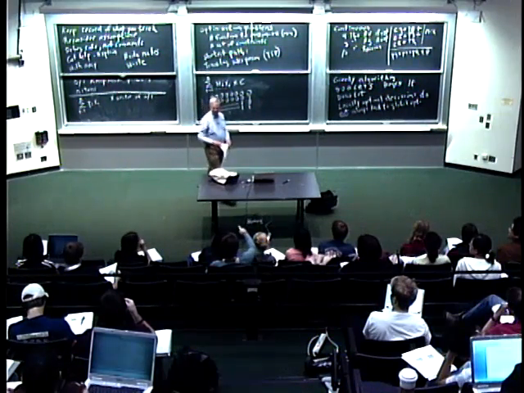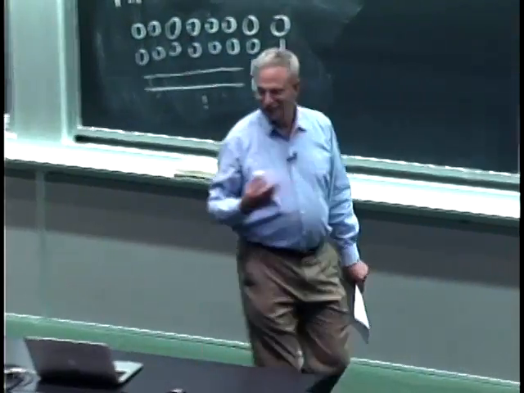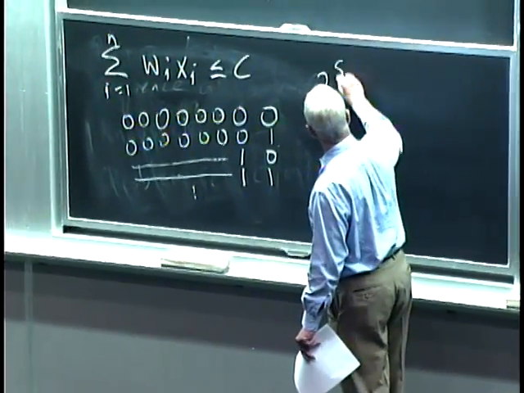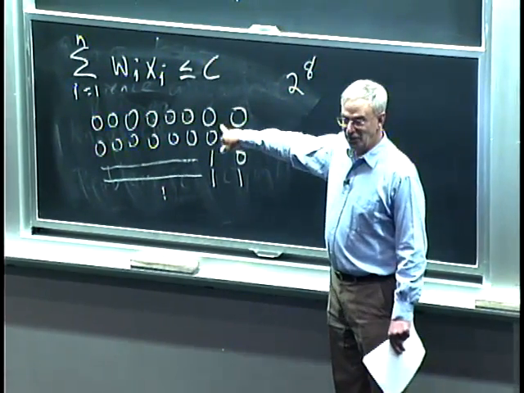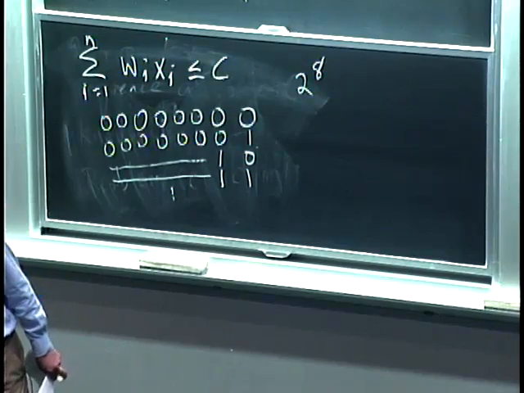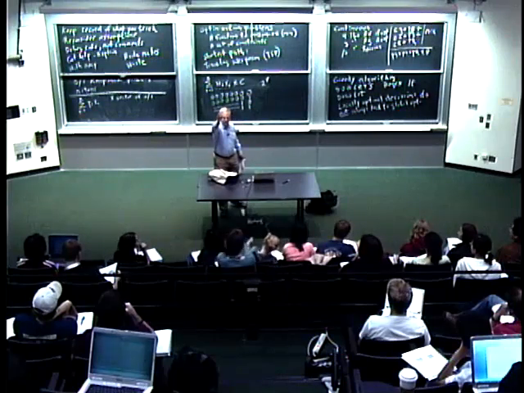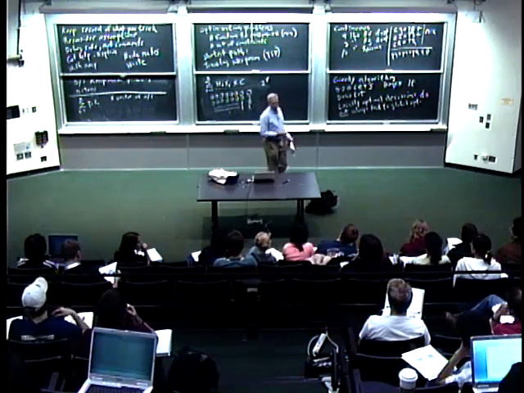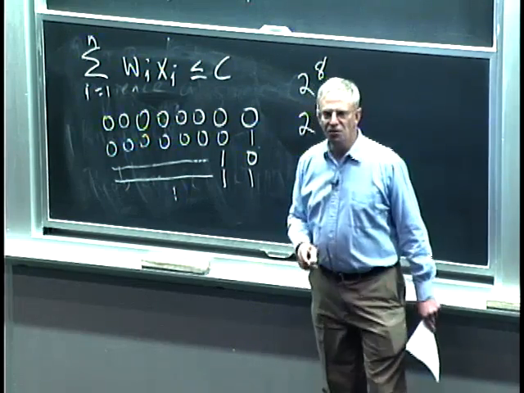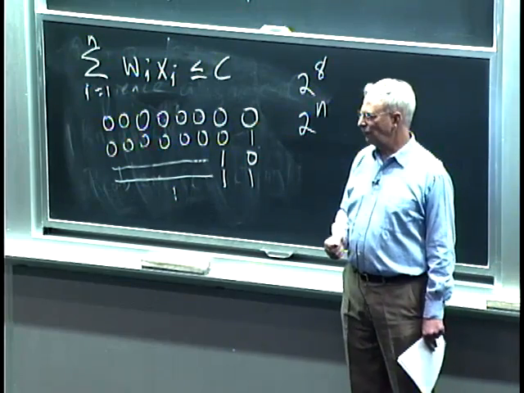Yes? Right. Exactly right. So in this case, it's 2 to the 8th, because I have 8 digits. But more generally, it's 2 to the n, where n is the number of possible items I have to choose from.